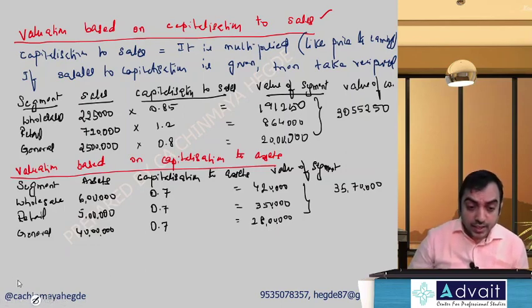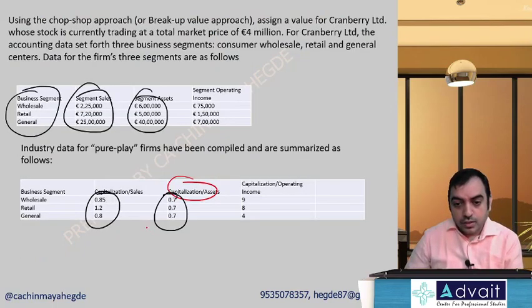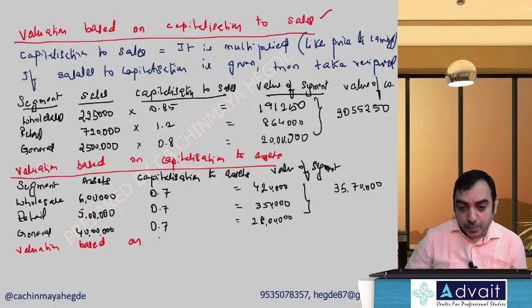Now another alternative, because one more ratio is available. Valuation based on capitalization to operating income, like EV to EBITDA kind of thing. Capitalization to operating income.